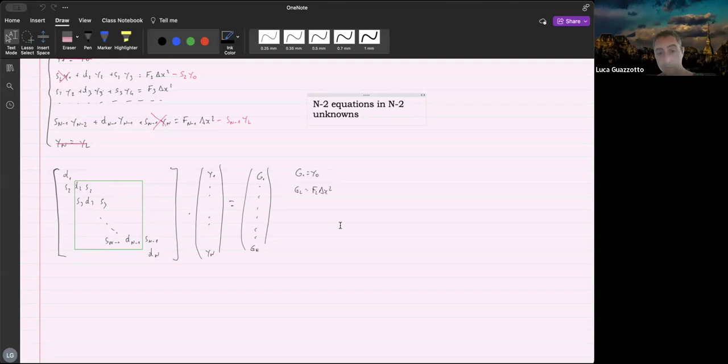But what do you do if your boundary conditions are not Dirichlet type boundary conditions? Then you have various options.